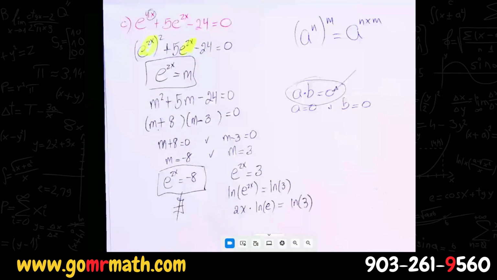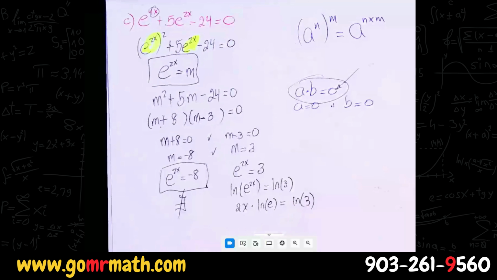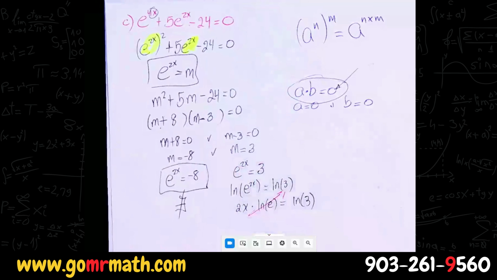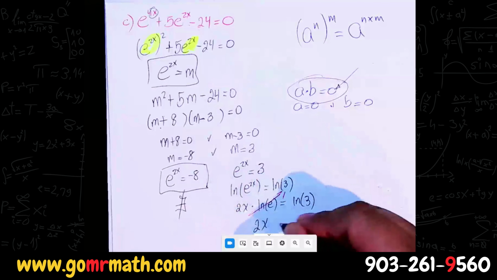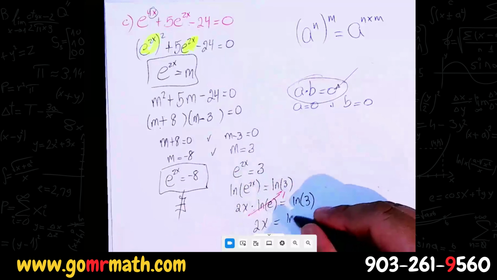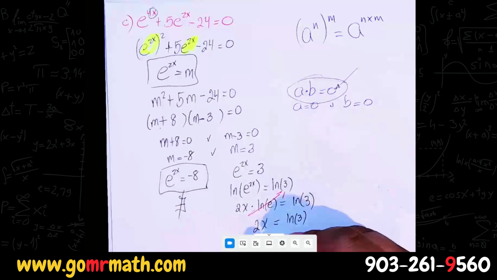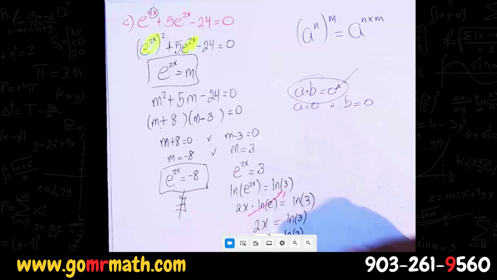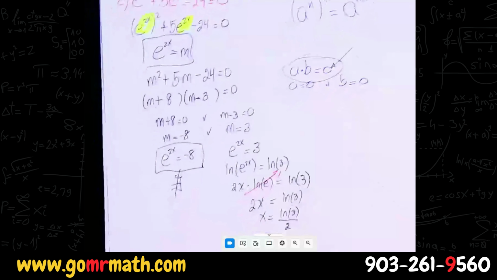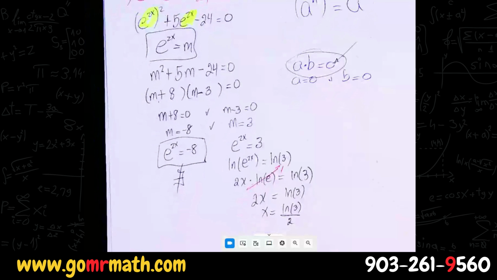We saw on the previous exercise that ln of e becomes 1. So we'll have 1 times 2x, that is 2x equals to ln of 3. Divide by 2 on both sides, and x is equal to ln of 3 divided by 2. All right, that is the exercise of letter C.